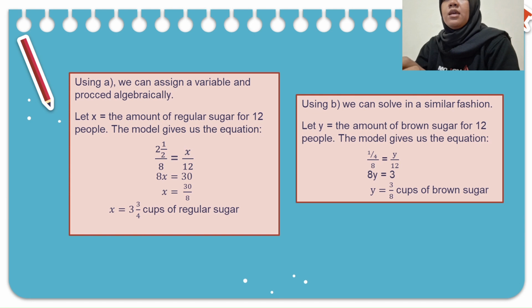And using B, we can solve in a similar fashion. Let y be the amount of brown sugar for 12 people. The model gives us the equation 1/4 over 8 is y over 12, and 8y is 3, and we have y is 3 over 8 cups of brown sugar.